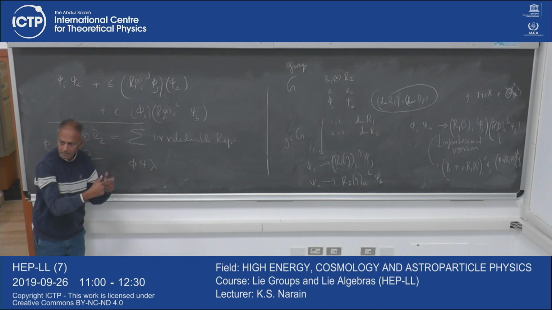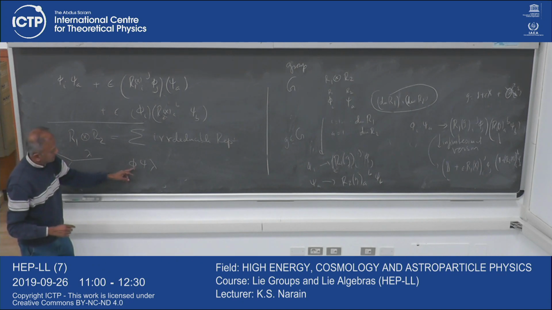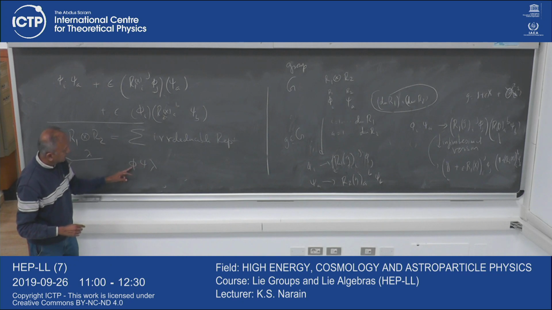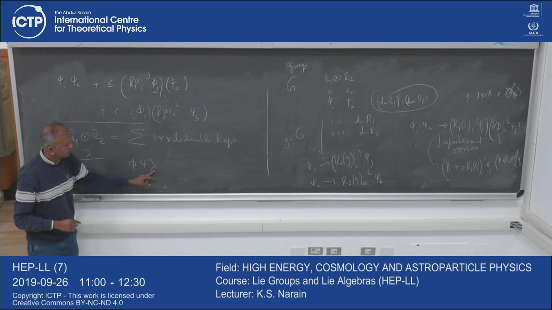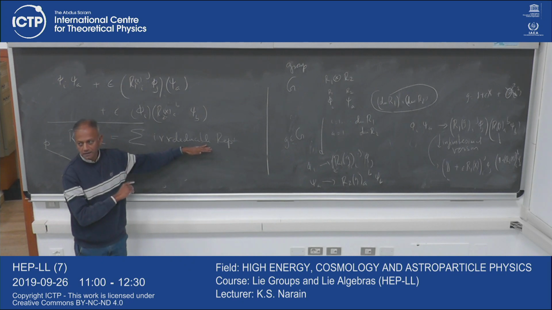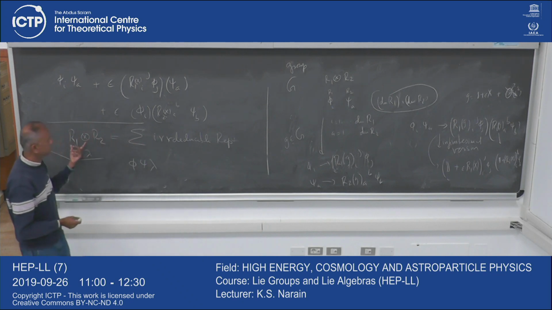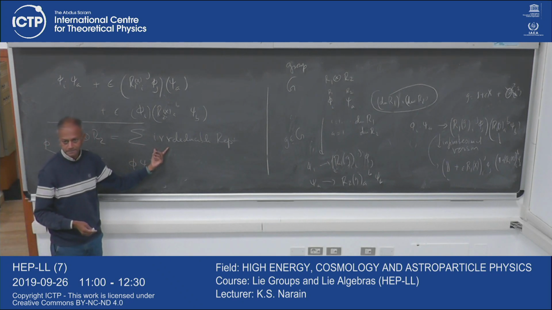You have not done the field theory yet, but intuitively this is more or less clear, and in field theory it will become more clear precisely how that works out. So if this is R1 and R2, the possible representations here are those that will appear. That's why, for physics, it's very important to be able to decompose these tensor product representations into irreducible representations.